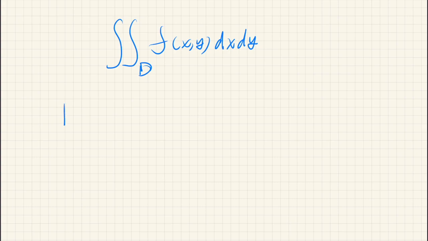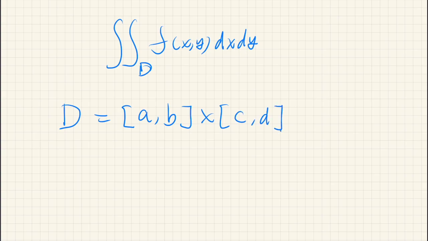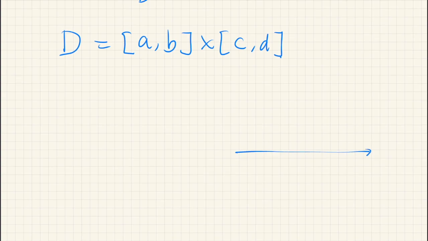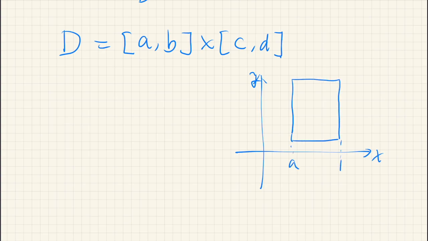First of all, suppose this region D is given as the Cartesian product of the closed intervals [a, b] and [c, d]. So in the xy plane, this region should look like this, and this is a, this is b, this is c, and this is d.